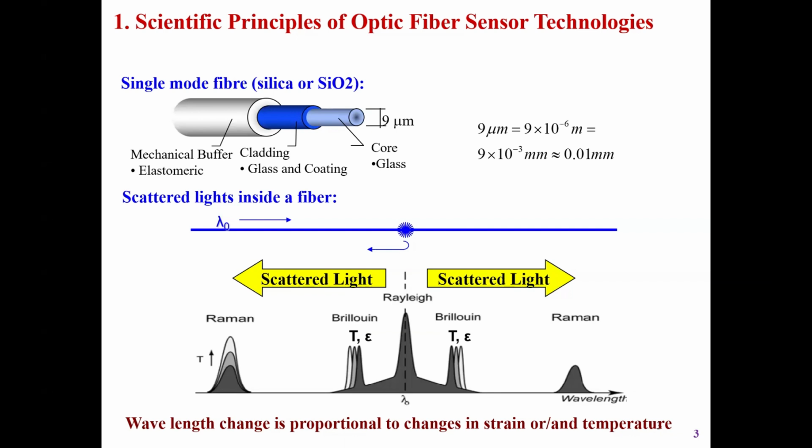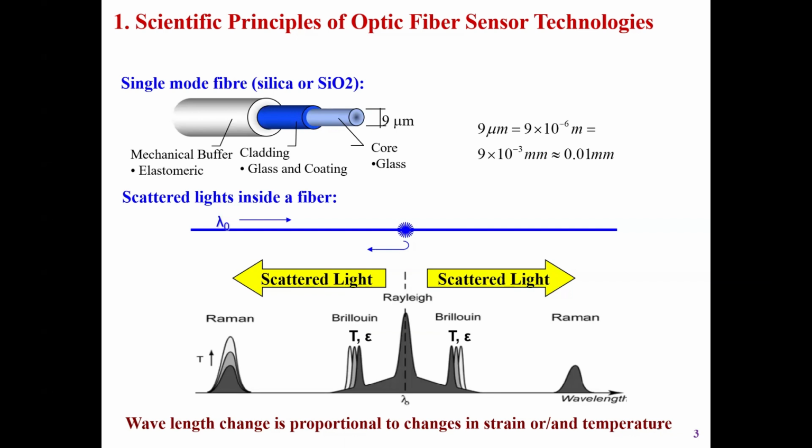The wavelength changes are proportional to the change of the strain or temperature. That's the point people are very interested in, especially engineers and scientists, the strain and temperature, so people can see what's happening at this point. This is at one point.